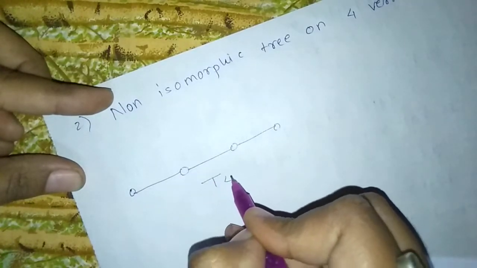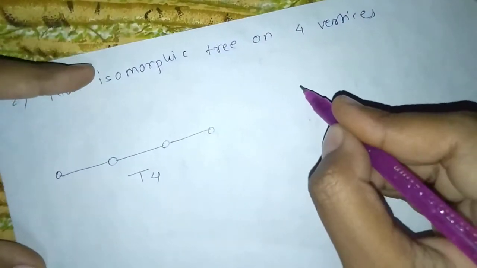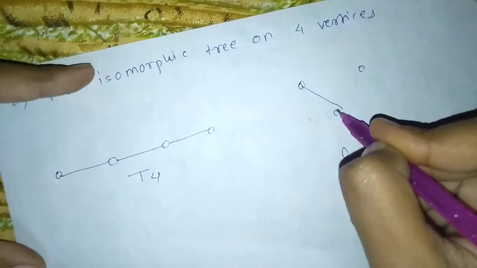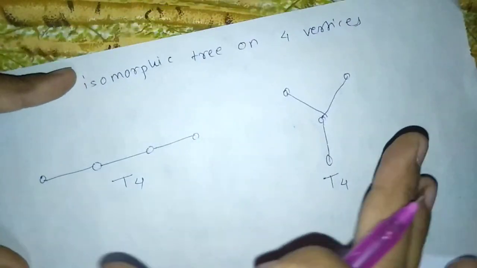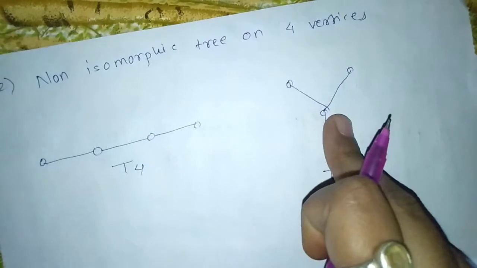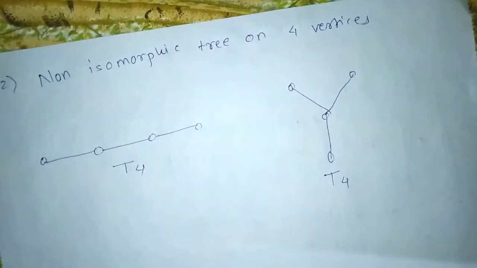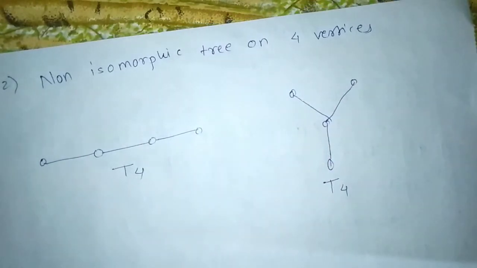So this is a tree on 4 vertices. Also we can draw a tree on 4 vertices like this, T4, and these two trees are non-isomorphic because this vertex has degree 3 and this graph does not contain a vertex which has degree 3. So these two are non-isomorphic.